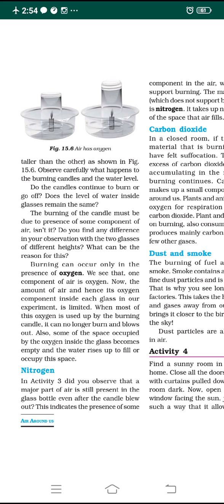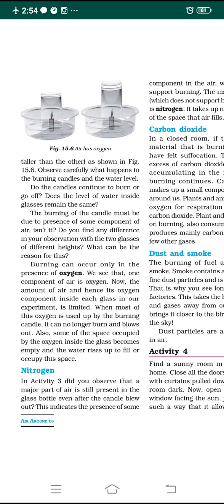The burning process takes place continuously until the oxygen inside the glass is over, because the glass placed over the candle can hold only a limited amount of oxygen.